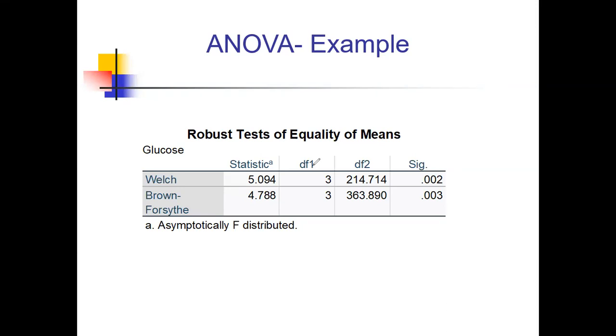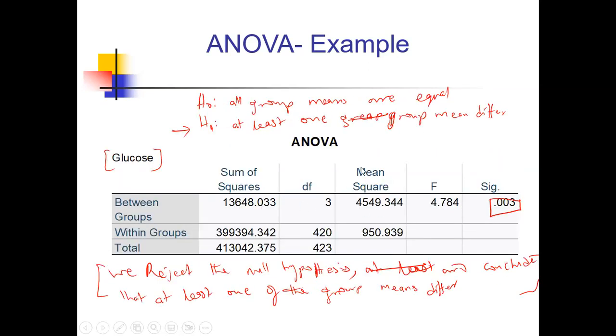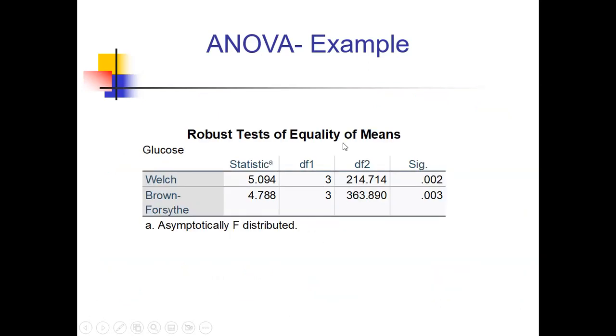We can't interpret the table on the previous slide. If the variances are not equal, then we can't use this table to report our result. If the variances are not equal, this is the table you will use to report the same result. And the result you have is reported exactly the same way we reported it in the previous table.